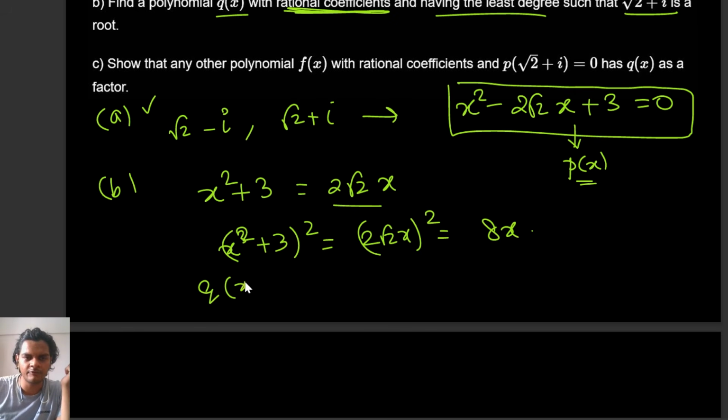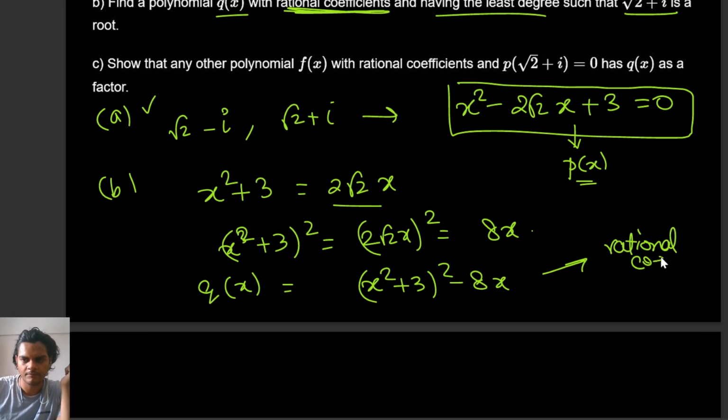So if I take my q of x to be x square plus 3 whole square minus 8x, this is a rational coefficient polynomial with root 2 plus i as a root, right?